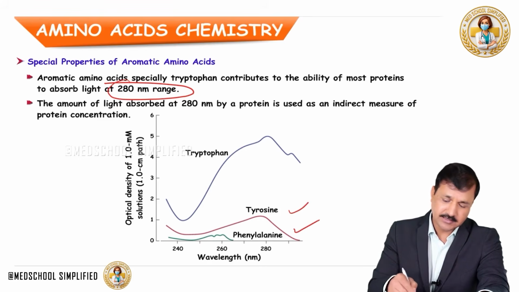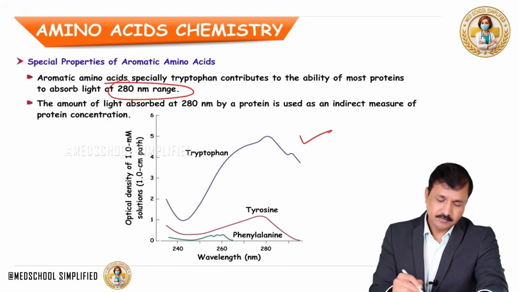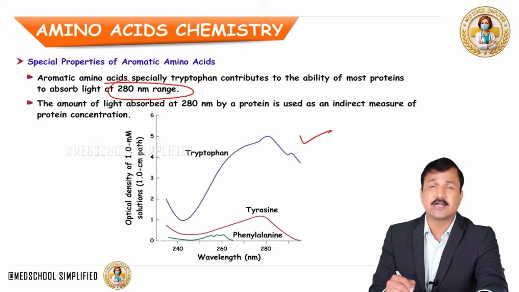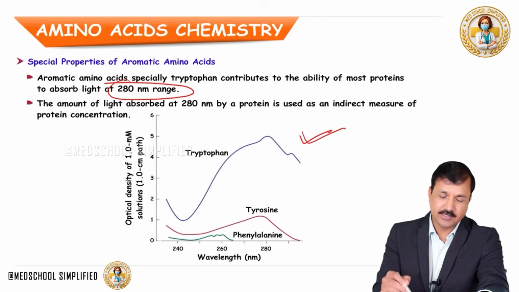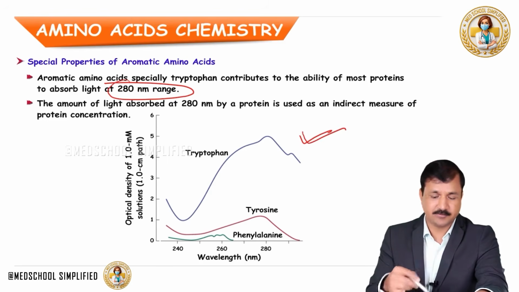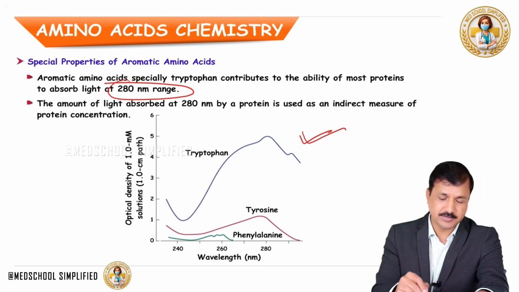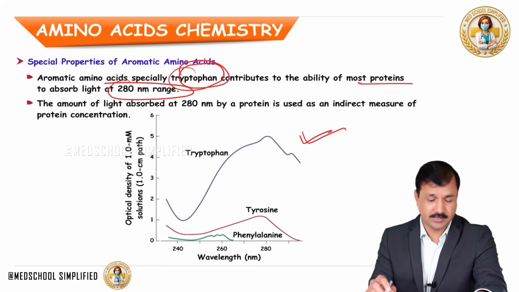If you observe this figure carefully, look at the tryptophan here. The absorption band of tryptophan is high compared to tyrosine and phenylalanine. That's why the amount of light absorbed by tryptophan is the most out of all three aromatic amino acids. That's what I have written in the first statement: aromatic amino acids, specifically tryptophan, contribute to the ability of most proteins to absorb light in the 280 nanometer range.